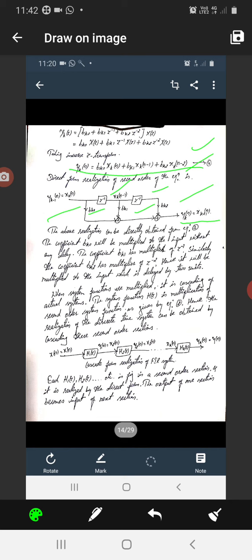The same cascade form can be represented in two forms, that is H1 of z and H2 of z. How it becomes two different forms we can understand from the problem. Remember these two and the equation for the cascade form.